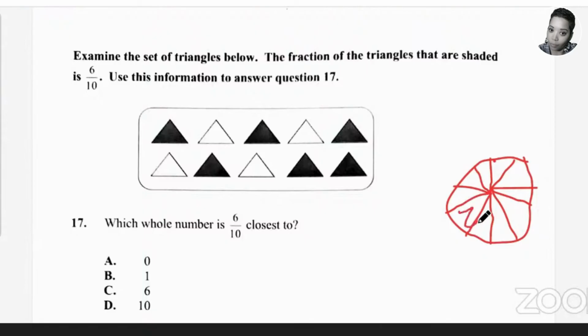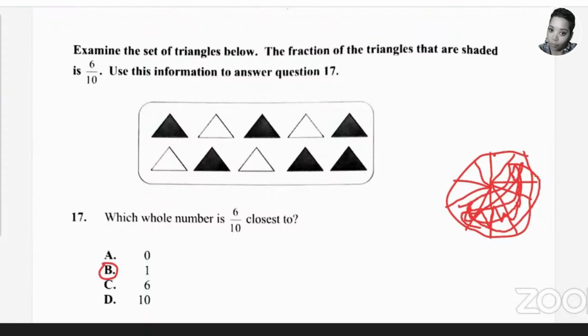So 1, 2, 3, 4, 5, 6. If you add all of this part of the cake, then it's almost 1 cake that you would have eaten. So what whole number is 6 over 10 closest to? The answer is 1. Okay, because remember, 6 out of 10 parts, we do not have 1 whole. 1 whole would have been 10 out of 10 parts, okay? So let's move on. The answer was B.